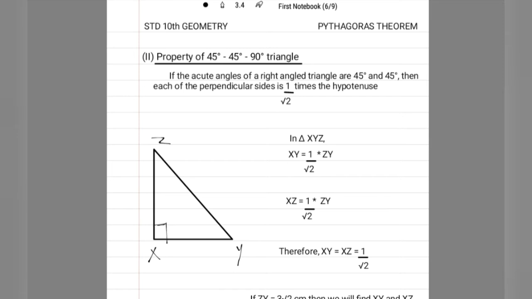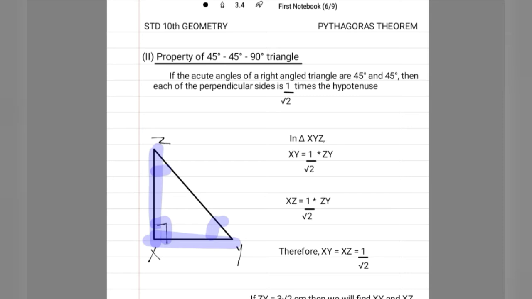If the acute angles of a right angle triangle are 45 degrees and 45 degrees, then each of the perpendicular sides is 1 by root 2 times the hypotenuse. Now if this angle is 90, the remaining two acute angles are 45 and 45, so they are the same, right? So if they are the same, the side opposite to this will be equal to this.